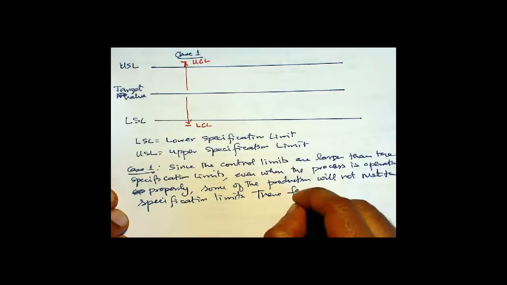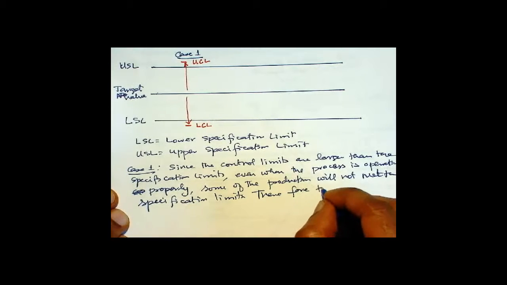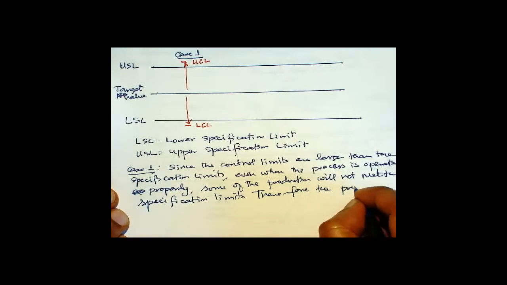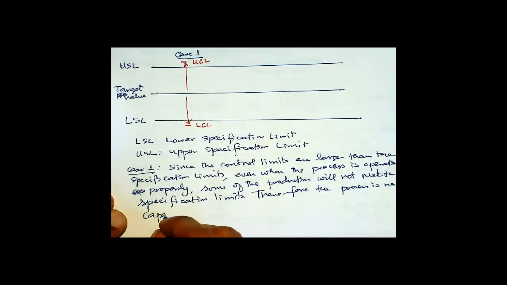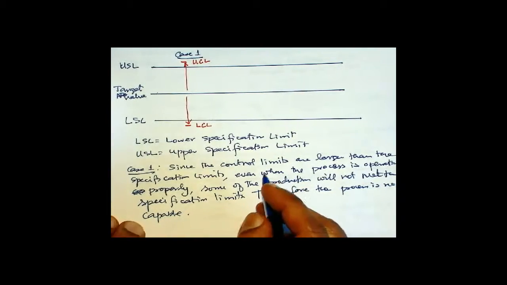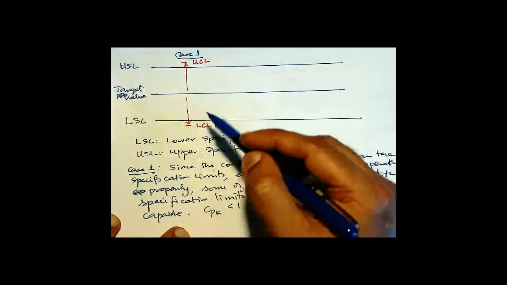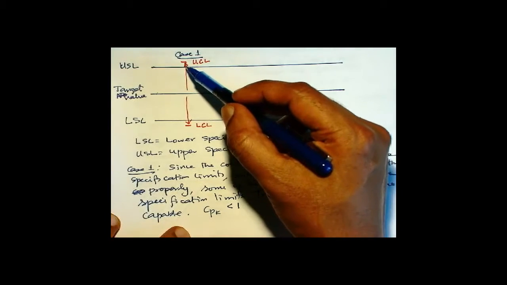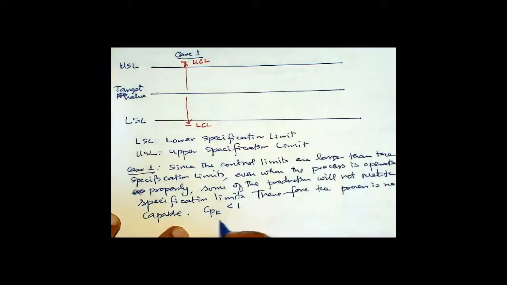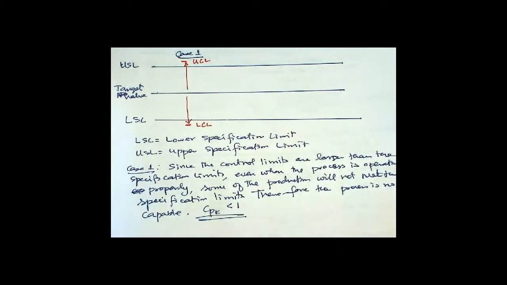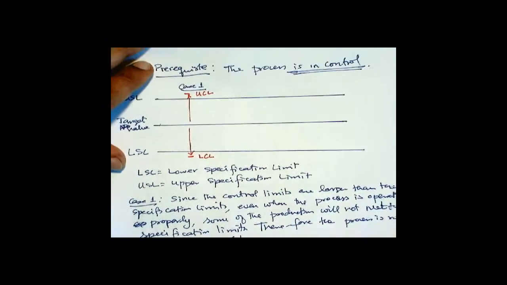Therefore, the process is not capable. So in this case, C sub pk will be less than 1 because the denominator will be larger than the numerator. Now let's look at a second case.